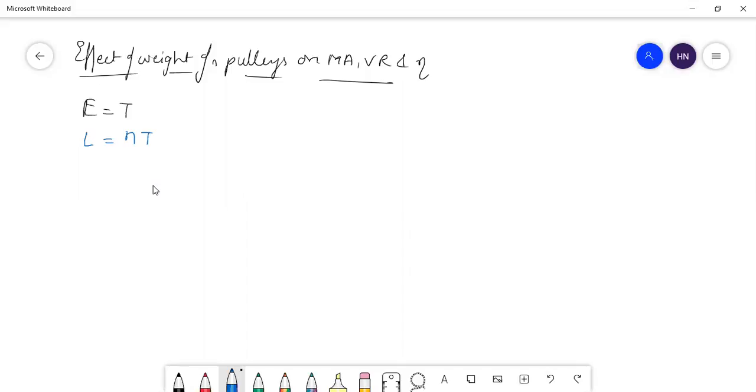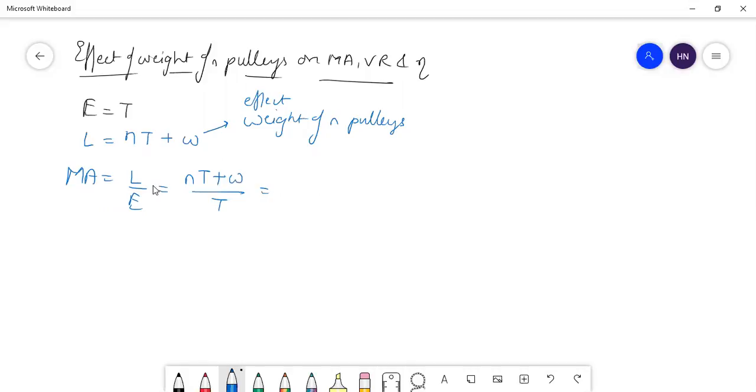So if you have n pulleys, obviously there will be n strings connecting the load. Along with that, the weight of the pulleys will also act downward, which will add up to the load. So W is nothing but the effective weight of n pulleys, all the pulleys. So the load will increase. So if I calculate the mechanical advantage, which is load by effort, that is going to give me nT plus W upon T, which is nothing but n plus W by T. So this I will get as the value of your mechanical advantage.